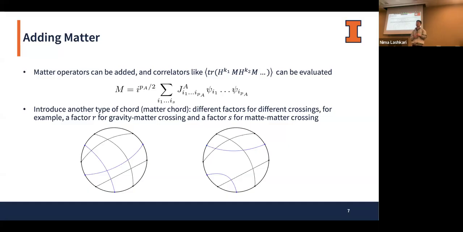Another difference is that when I take the JT gravity limit, I will take the number of these gravity chords to infinity. By doing that, I'm restoring a continuous geometry. That's where the asymmetry between these different kinds of chords comes from.